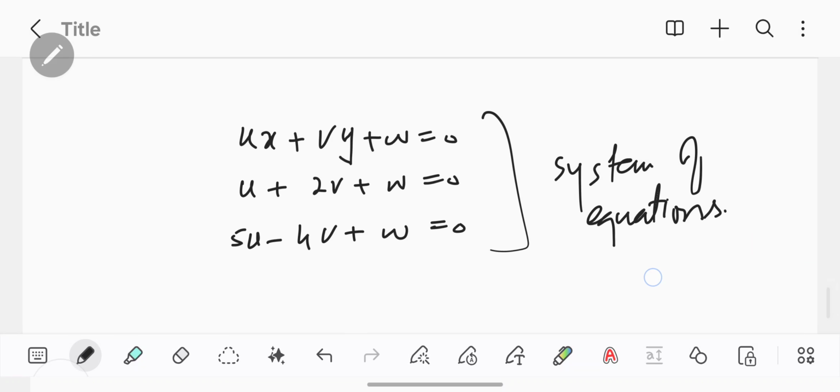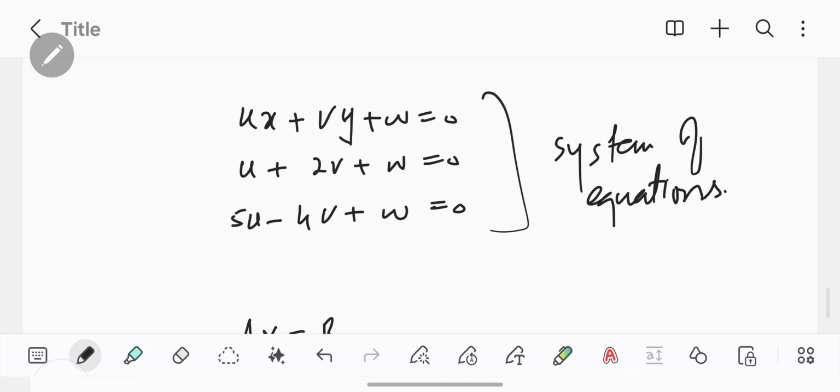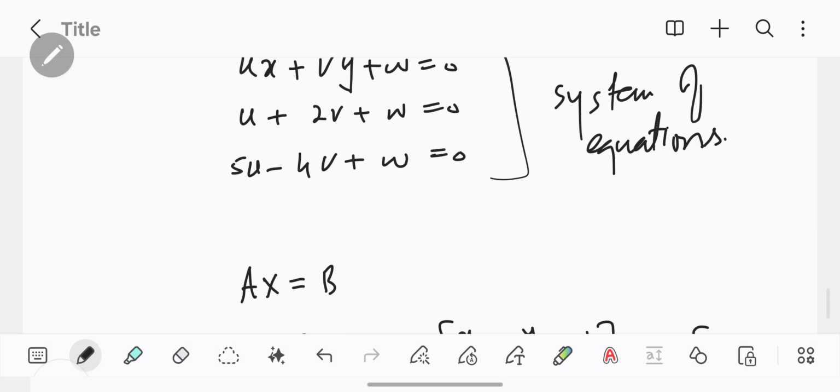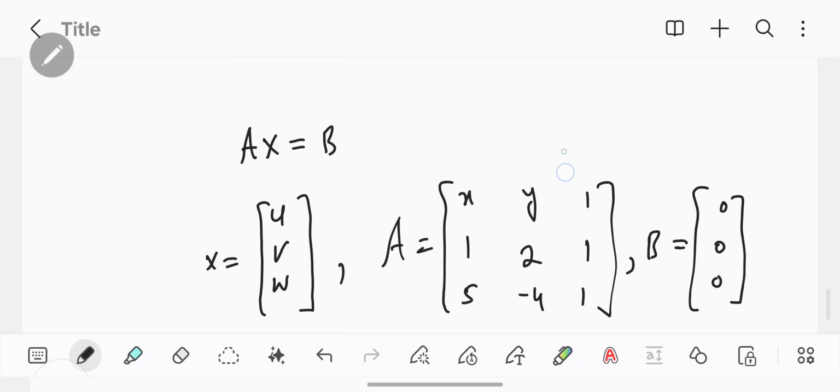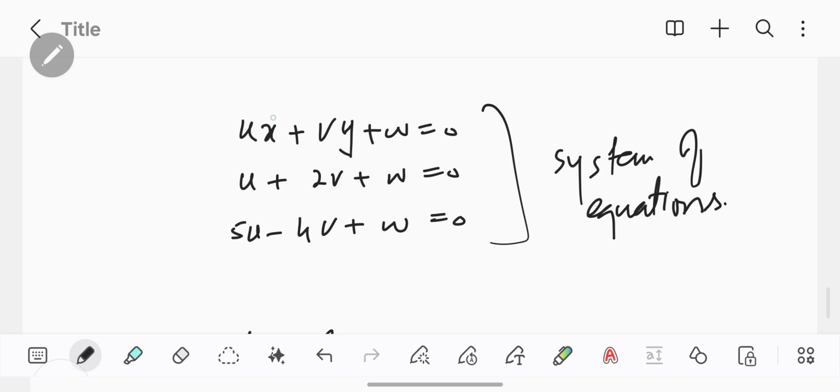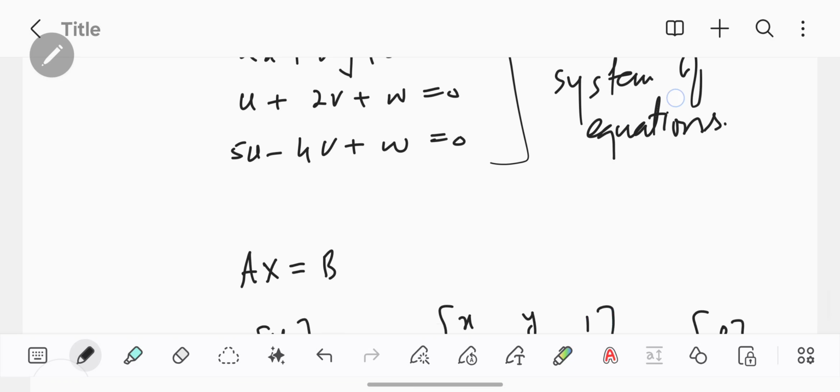But in this system, our variables are u, v, and w. So that means this x is (u, v, w). And the coefficient matrix A is here x, here y, and here 1, because the coefficient of u is x, the coefficient of v is y, the coefficient of w is 1.